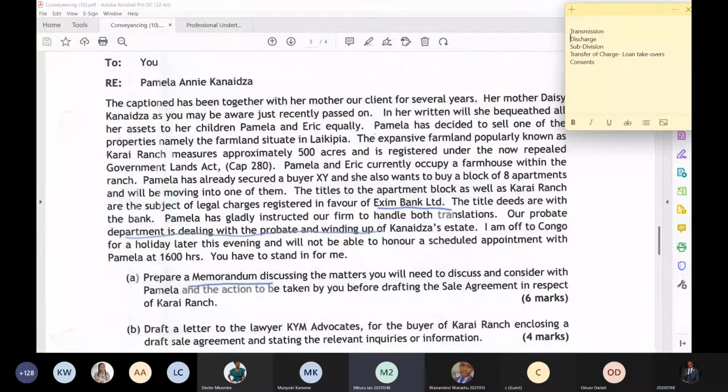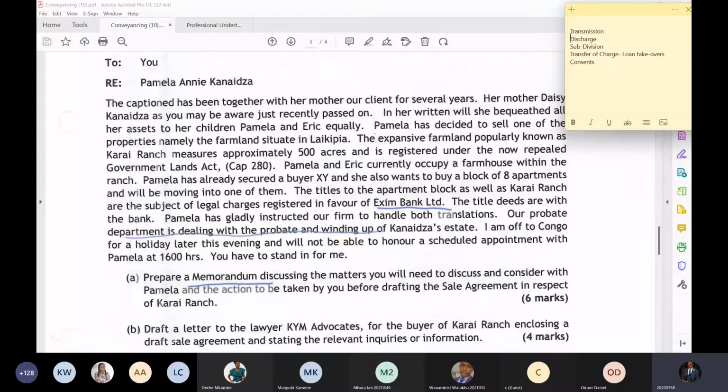She could choose to either discharge the property, then proceed to split, or she could choose the agreement of the prospective purchaser to transfer the land to them, subject to the subsisting charges, and so the purchaser would be taking over the charge. It would be taking over the loan. Yes, taking over the loan.